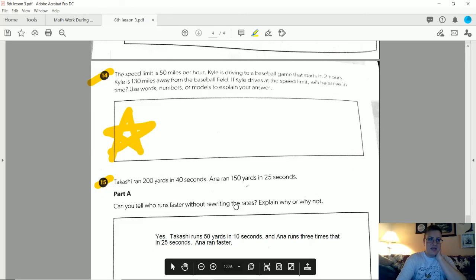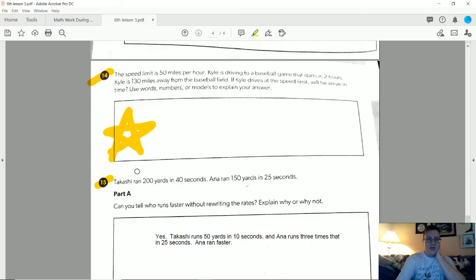So if we're talking about rewriting it, technically, yes, you can use this for mental math. I can divide by 10 here, I can divide by 4 here. And when I do that, I get 50 yards. I would need to run 30 seconds for Takashi to cover the same distance that Anna covers in 25 seconds.